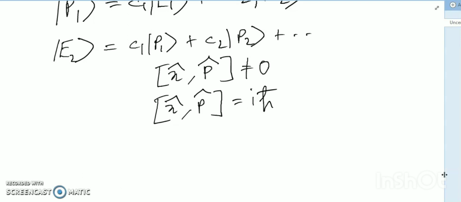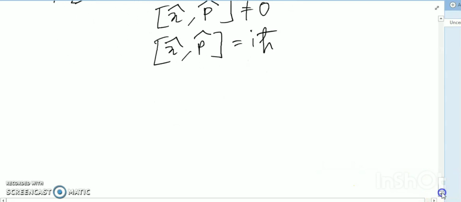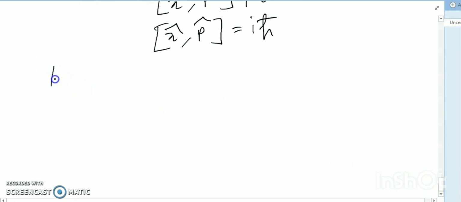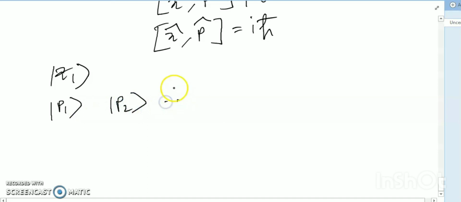Whenever you are in a position-definite state, you are always in a momentum superposition. That is, for an x1 eigenstate we get p1, p2, p3 up to a superposition.